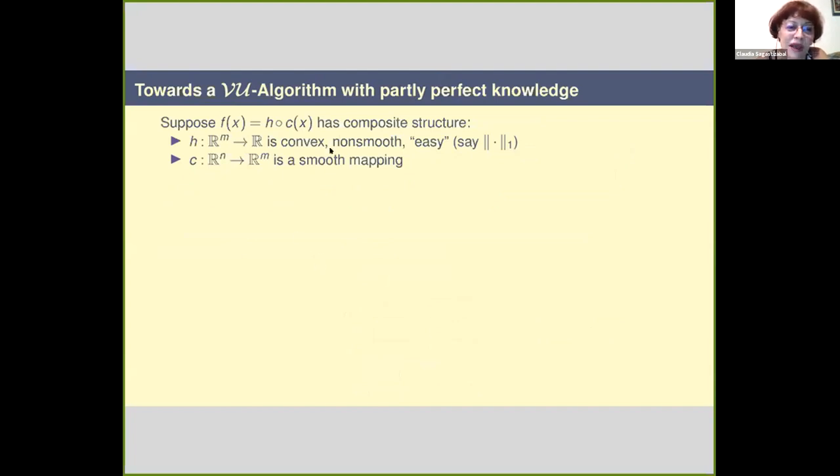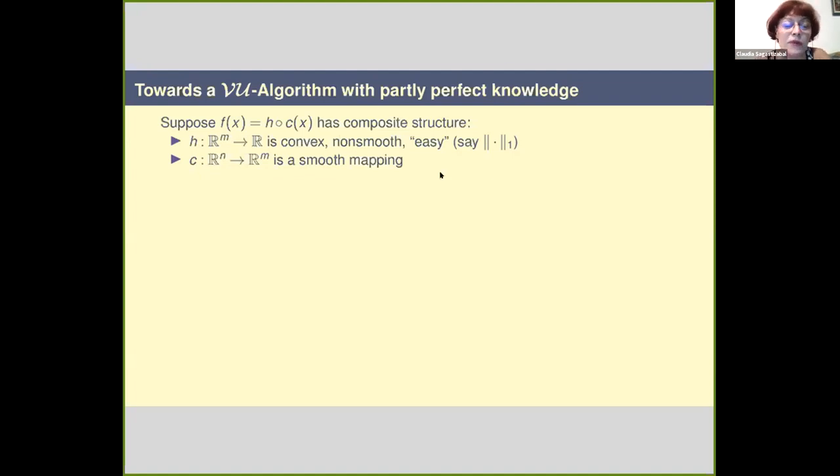Suppose that we have a function with composite structure, where we have a convex, non-smooth, easy function, for example the one norm, the absolute value, of a smooth mapping. This is similar to the case where we had a max function of a smooth mapping.